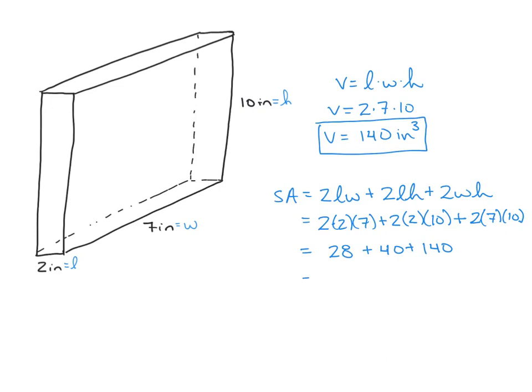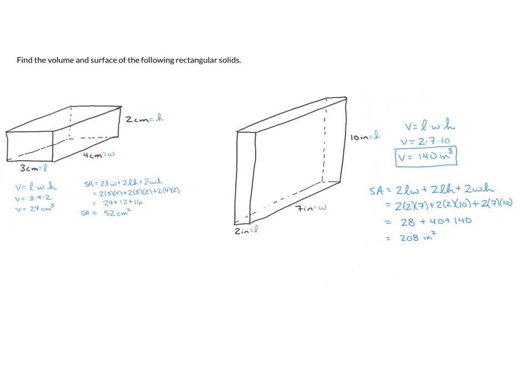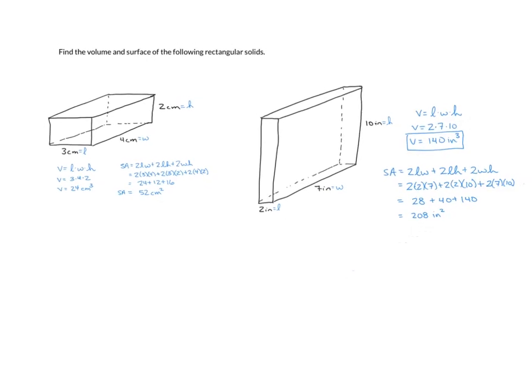If we add this together, I get 208. We include our correct units. We get 208 inches squared. All right, that takes care of our rectangular solid or our box.